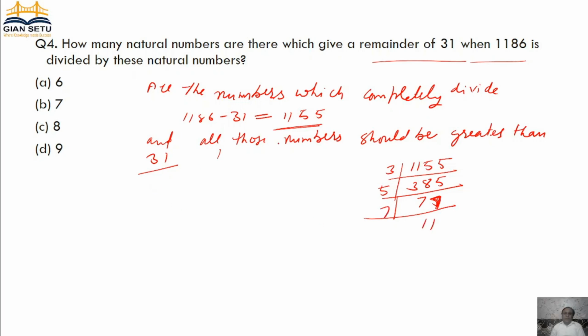So the factors of 1155 are 3, 5, 7 and 11.